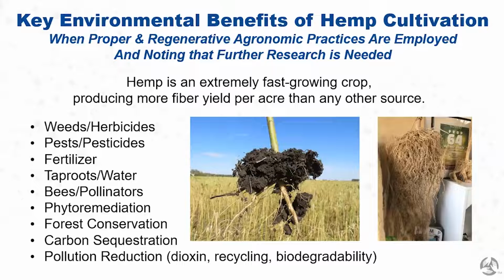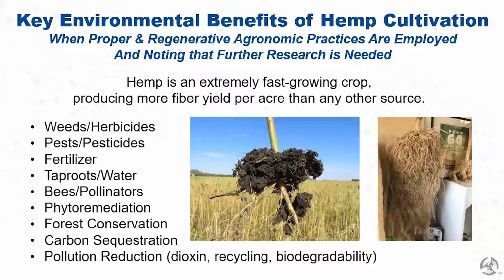In fact, putting hemp into your current rotation actually helps break the pest cycle that farmers of other crops are currently experiencing. Now, while hemp is a very hungry crop, the reality is that if you treat things correctly, you use cover crops, you use rotation with nitrogen fixing crops such as alfalfa and legumes, other pulse crops, of course, then you're not going to need to use all of that fertilizer.